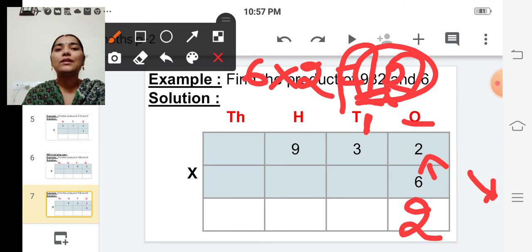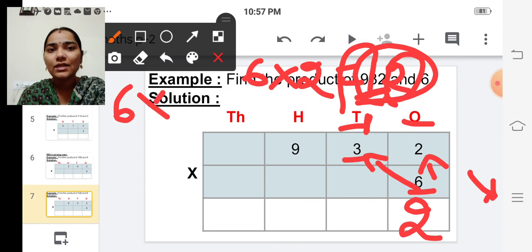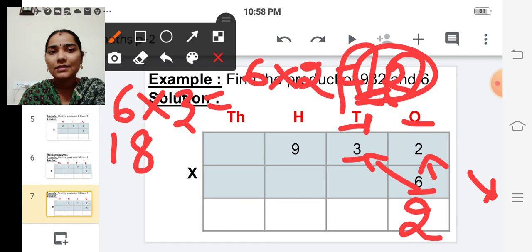Okay. So in the next step, multiply the digit in the tens place by 6. So we are going to multiply 6 and 3. 6 threes are 18, isn't it? And we have the number carried over, 1.